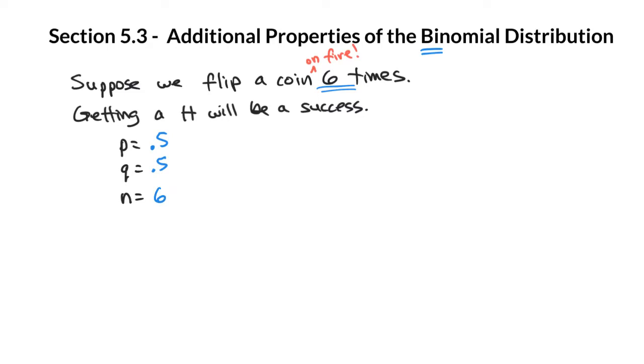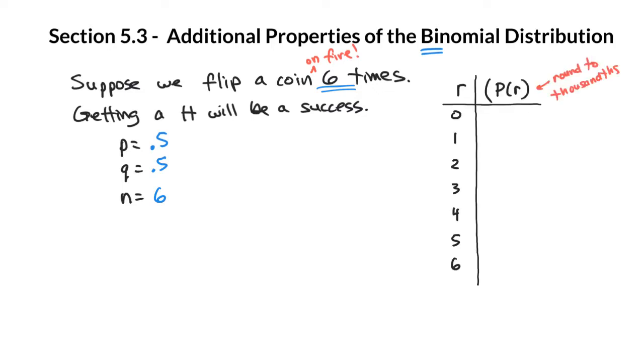What I want to take a look at first is a probability distribution table. I've got this table here. R is the number of successes. If you're going to flip a coin 6 times, getting heads would be a success, so you could get 0 heads all the way through 6 heads. That's all the outcomes we could get.